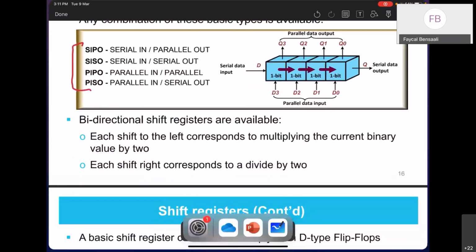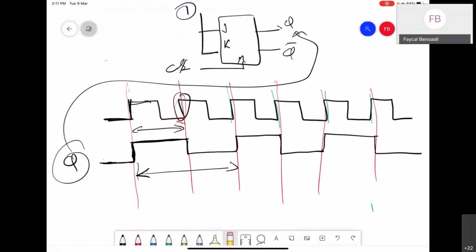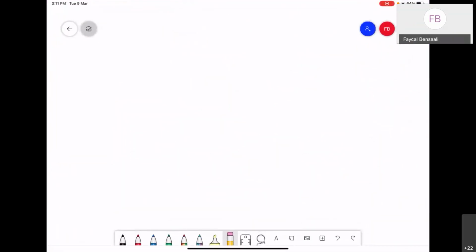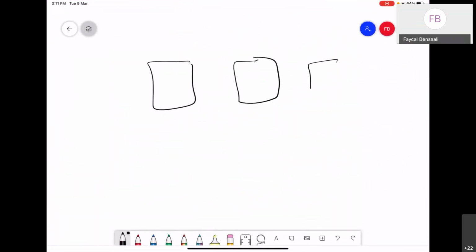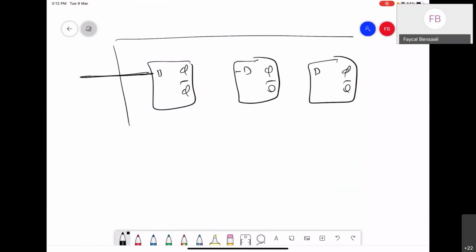I will just show you an example here. As I told you, we will have flip-flops connected together. For example, if I take the D flip-flops, I have D, D, D, and then we have Q, Q bar, Q, Q bar, Q, Q bar. If I want a serial in, serial out shift register, this means I will get one input, a single line.